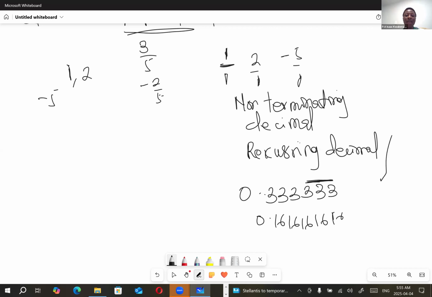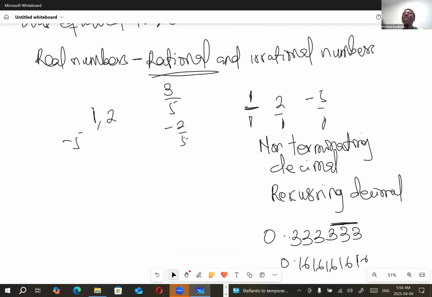So now, having discussed what rational and irrational numbers are, can you ever think of a number that has existed in the world that is not under real numbers? Maybe you've thought of a number you think doesn't fall under the category of rational and irrational numbers. You can bring it on. Any number you are thinking about is here.